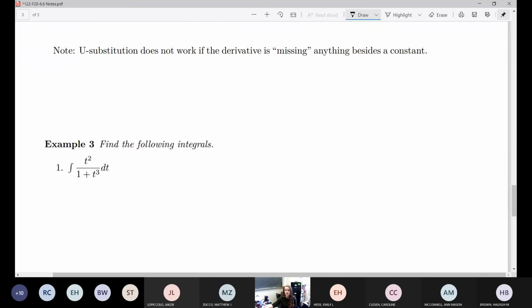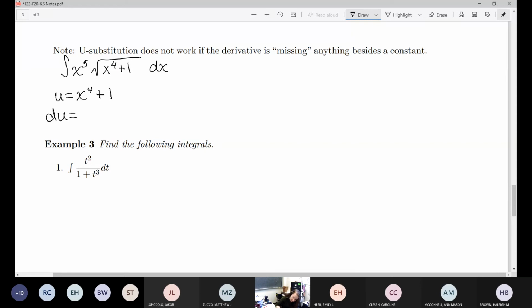Note that U substitution does not work if the derivative is missing anything besides a constant. So an example of that would be something like x to the 5th times the square root of x to the 4th plus 1. So kind of similar to the one we were just looking at. So we would probably guess that we would want the u value to be the thing underneath of the square root.